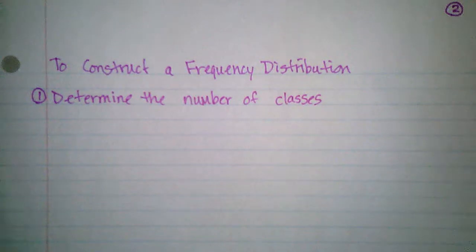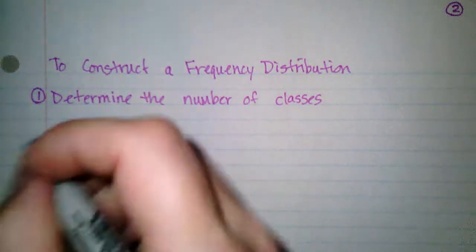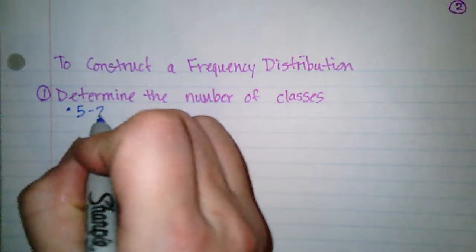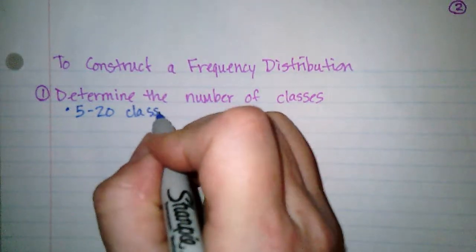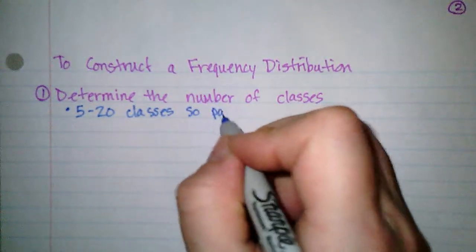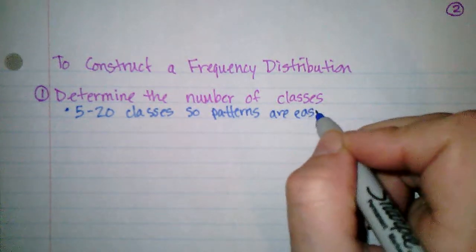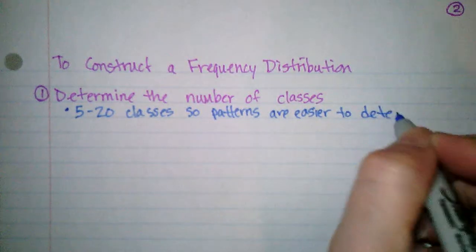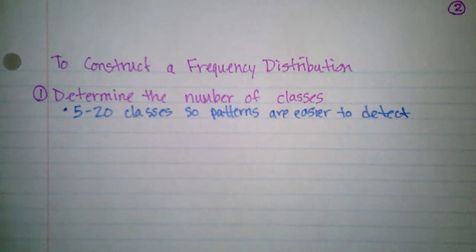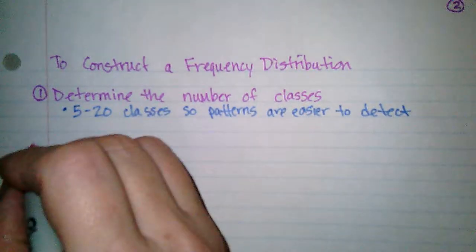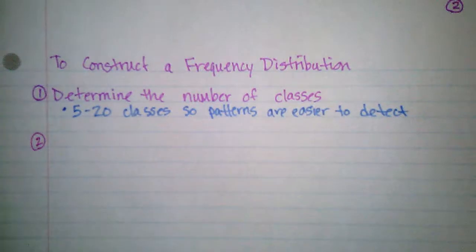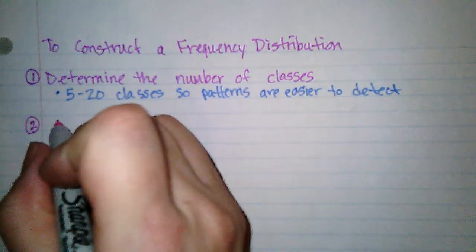Sometimes that will already be done for you, like the problem will tell you how many classes to use, and sometimes you will have to make that decision yourself. A good guideline is to use between 5 and 20 classes so that patterns are easier to detect. Any more than 20 and there's just too much information going on, any fewer than 5 and there's not enough to pick out patterns. So that's going to be our rule of thumb.